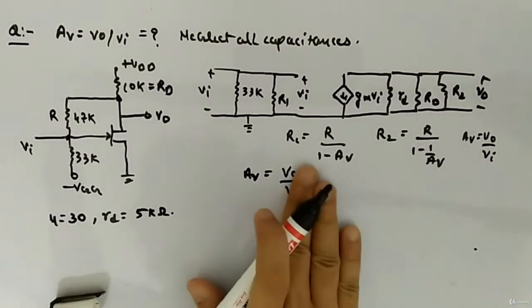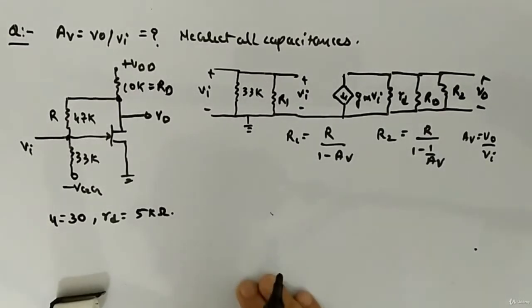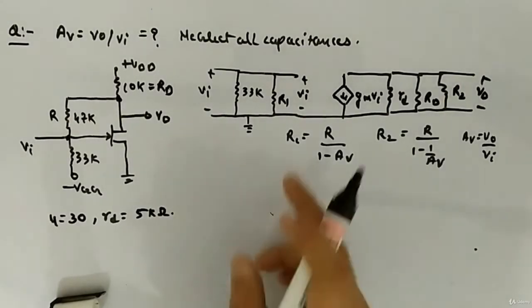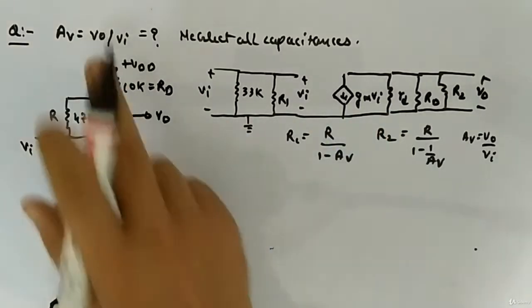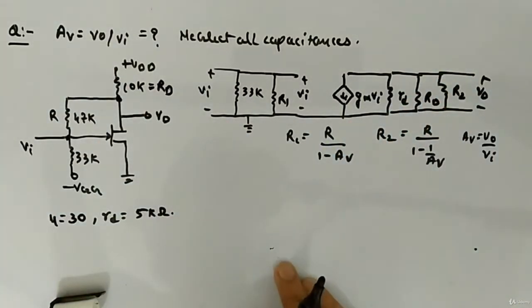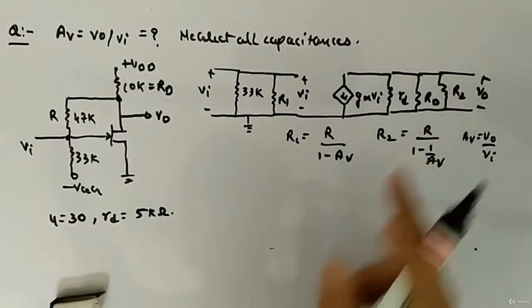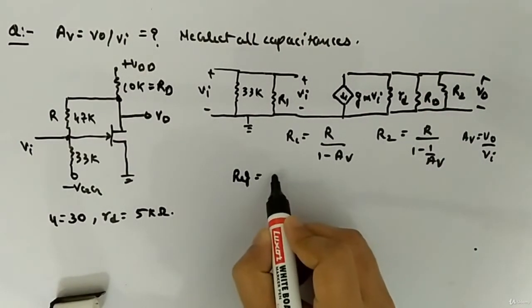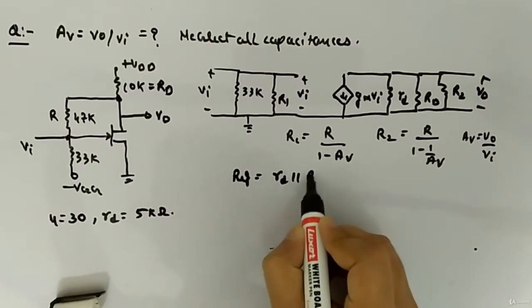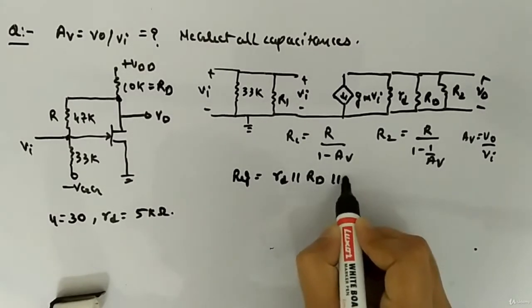Now if I simplify it, I don't require R1 as such, but the value of R2 I require, because V naught by Vi will have this equivalent resistance. I'll call R equivalent the parallel combination of rd, parallel capital RD, parallel R2.